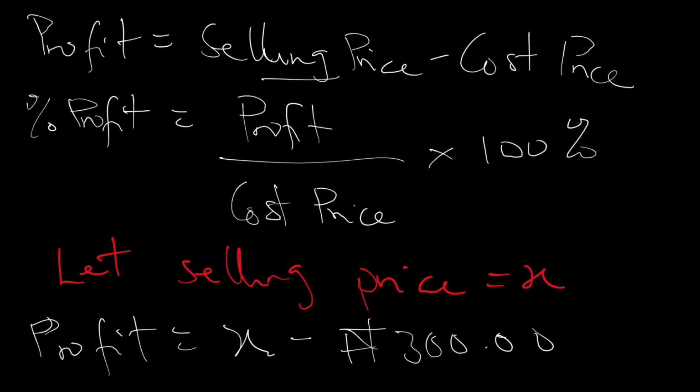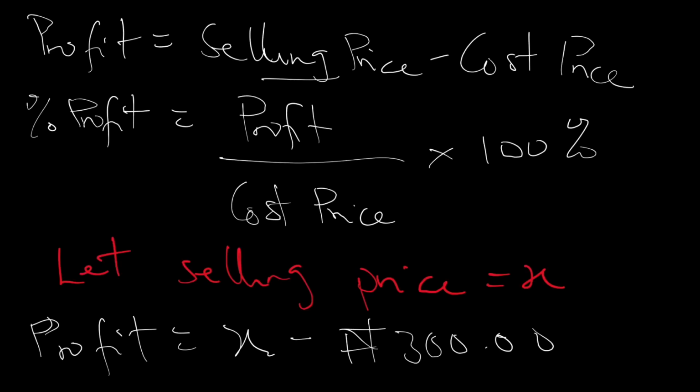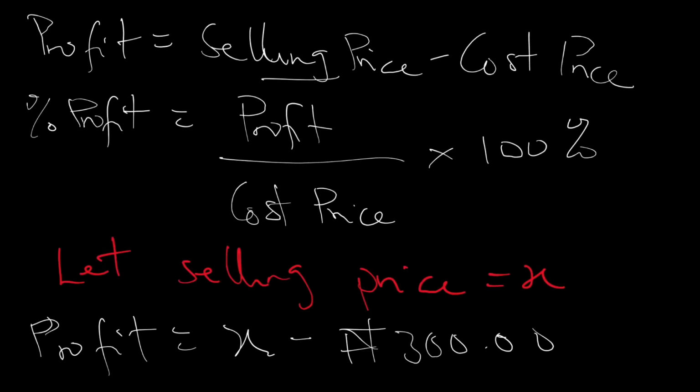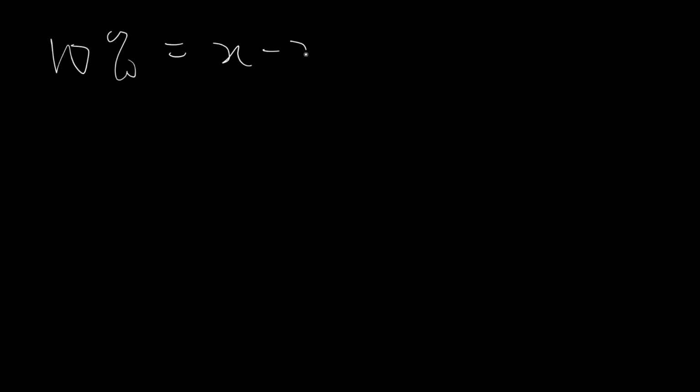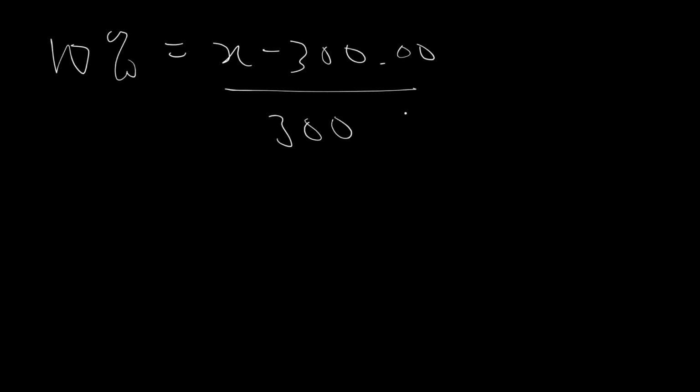Now from the question, our profit percent is 10%. So 10% is equal to our profit, which is X minus 300, all over our cost price, which is 300, times 100%.